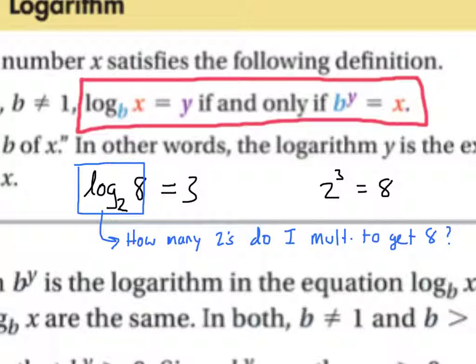Okay, that's what log base 2 is essentially asking. How many 2's do I multiply to get 8? Okay, and we can rewrite that as an exponent. 2 to the third power equals 8.